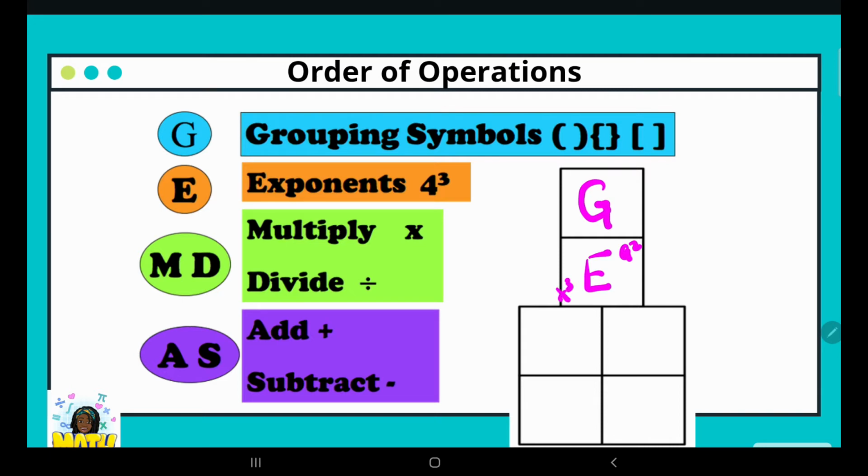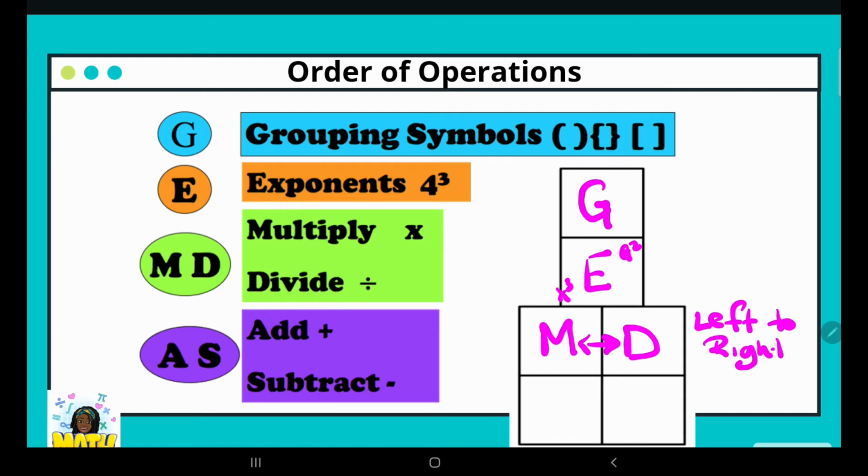Okay. Now, when we talk about multiplication and division, we go from left to right, just like how you read. You read from left to right. So whichever one comes first is what we would do first. So here we have multiplication and division, but it really could be that division would happen first and then multiplication would happen second. It just all depends on which one appears first in the problem. So both of these go from left to right.